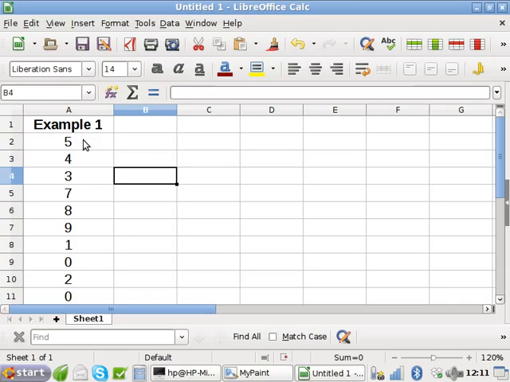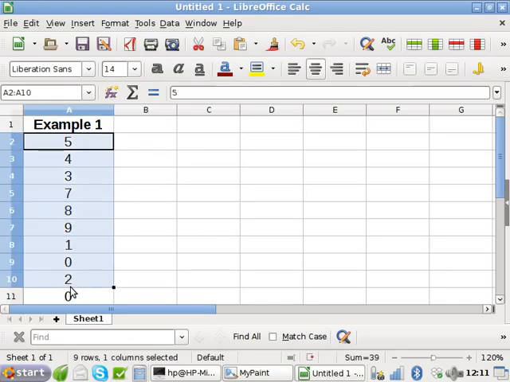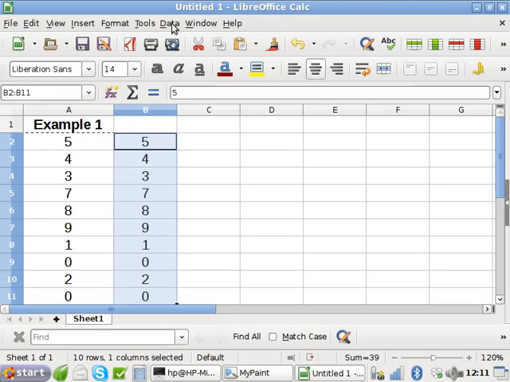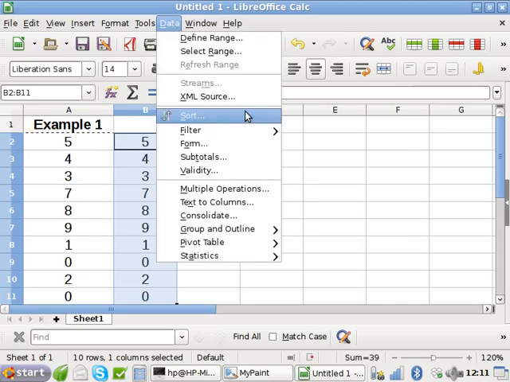Okay. 3.5, is it? Yeah. So what we need to do is first we need to write the numbers out, but we need to sort them from smallest to biggest, or biggest to smallest.